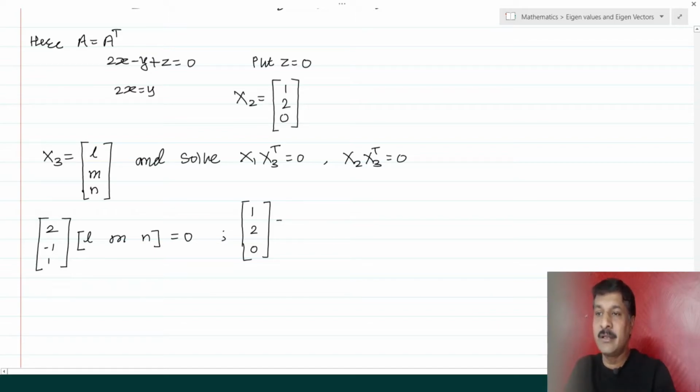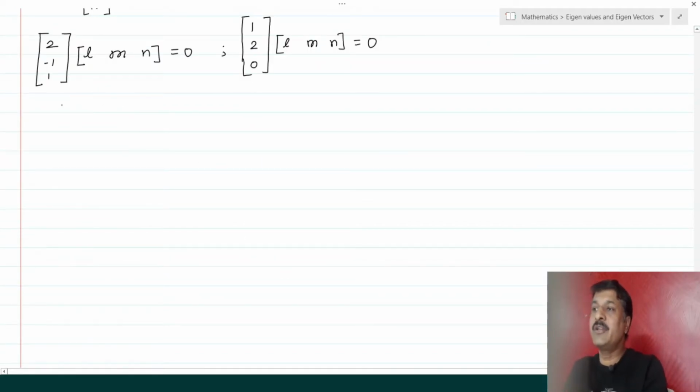So with L, m, n, I am getting two corresponding equations. 2L minus m plus n equal to 0, then L plus 2m plus 0n equal to 0.